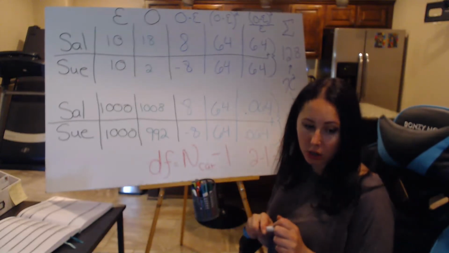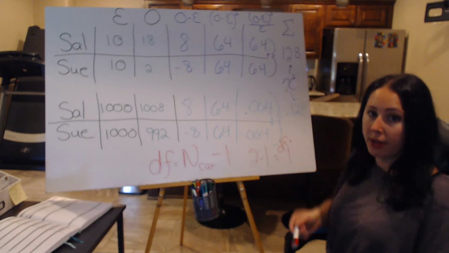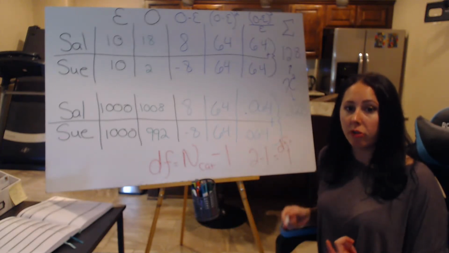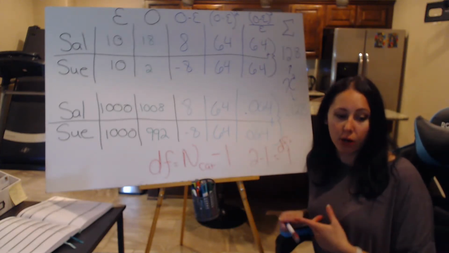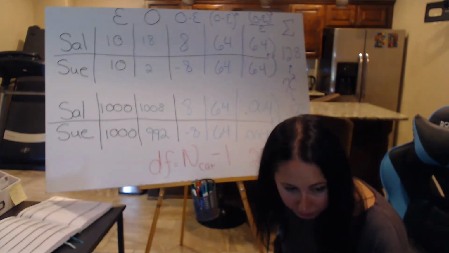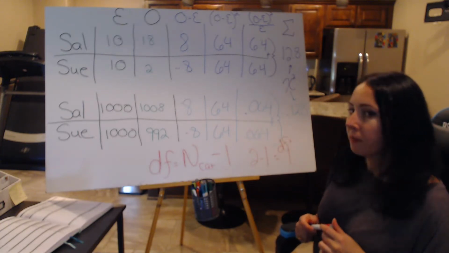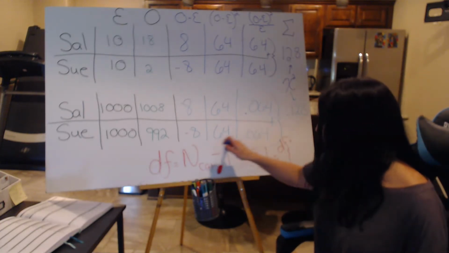So now we can look at our chi-square table and see if a 12.8 meets the cutoff for significance for a chi-square test with only 1 degree of freedom. If you actually look at that chart, I'm out of room to write any more numbers on this board.